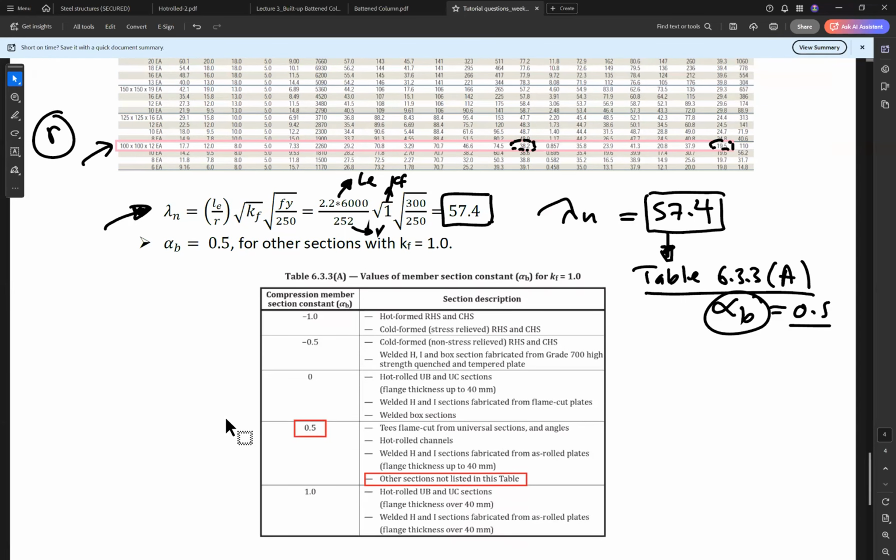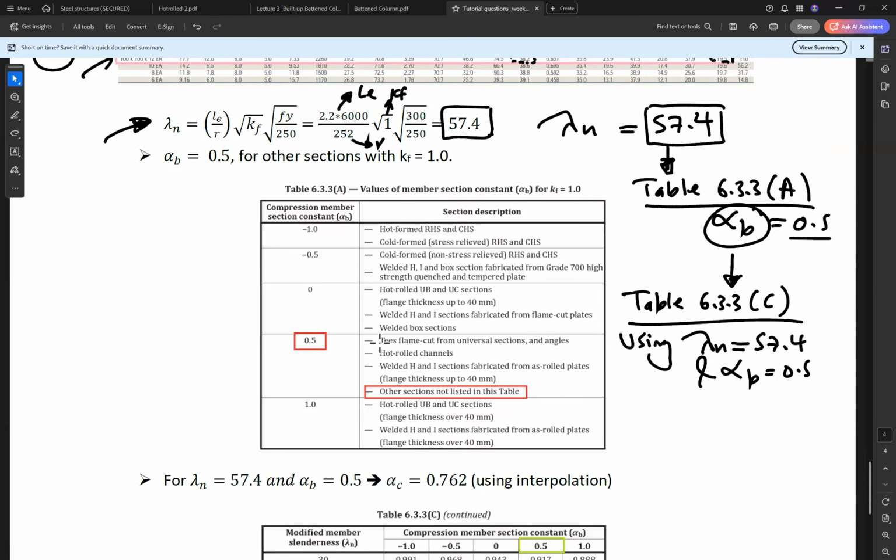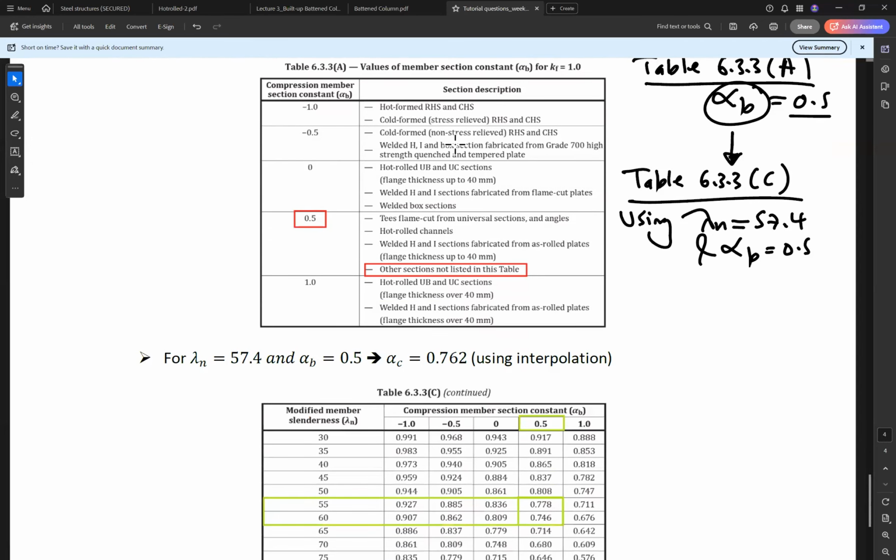Then we can go to table 6.3.3c using the two values we have, lambda n equal to 57.4 and alpha b equal to 0.5. So going down, for lambda n and alpha b of 0.5, we get alpha c equal to 0.762.